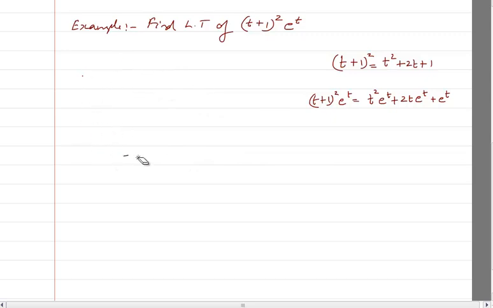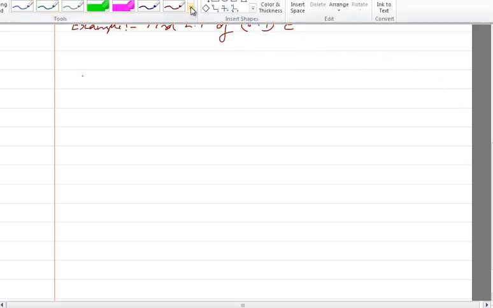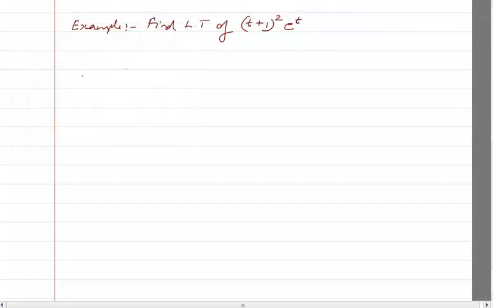So I will write it in an expanded form. I will write t plus 1 square e raised to power t is equal to t square plus 2t plus 1 into e raised to power t.